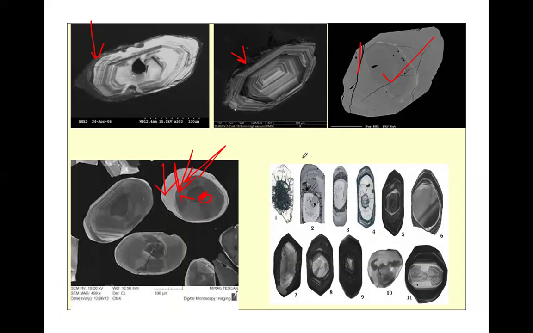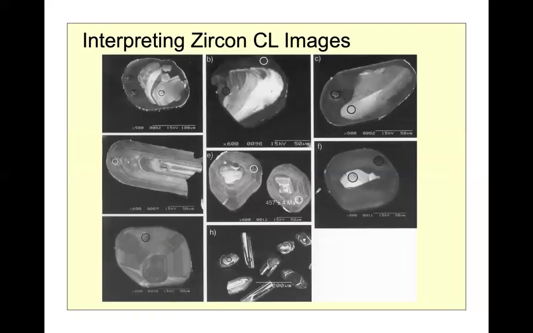And also you can see numerous types of the cores, some are homogeneous, some are having different structures. So anyway, this structural information you can get from cathodoluminescence images, CL images. Different types of zircons are there, right? So here again we have difference.